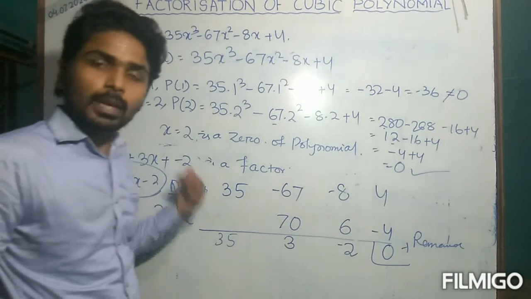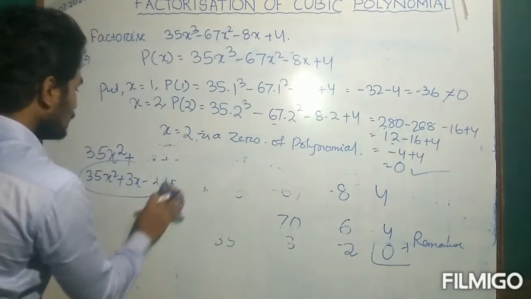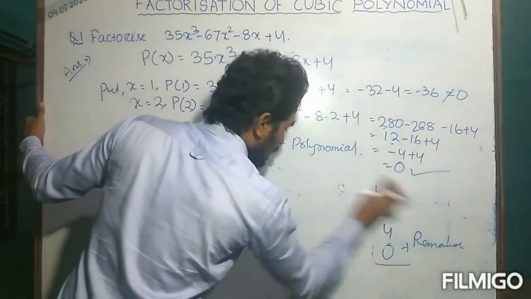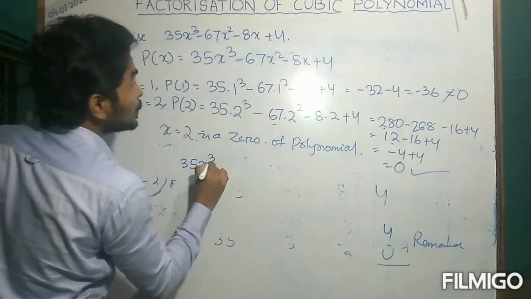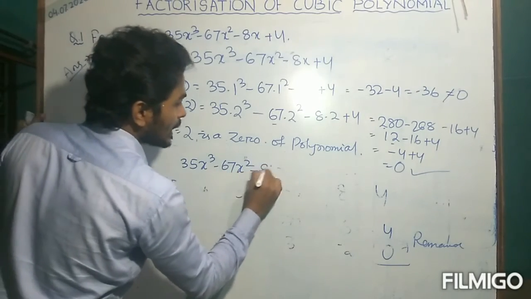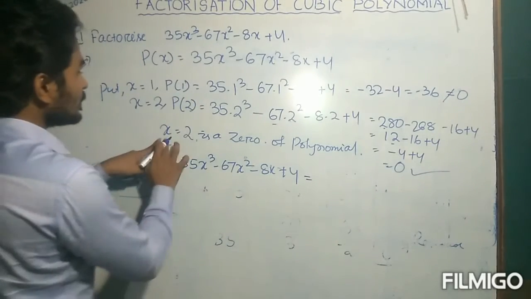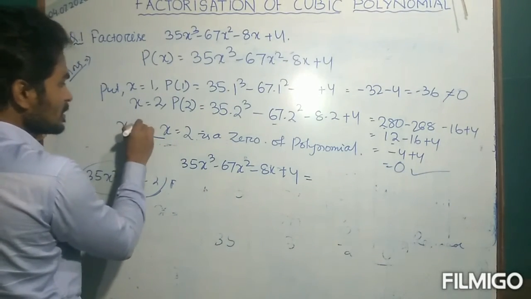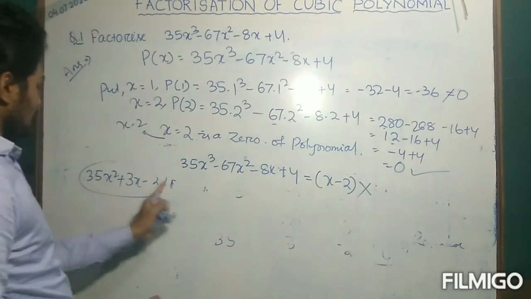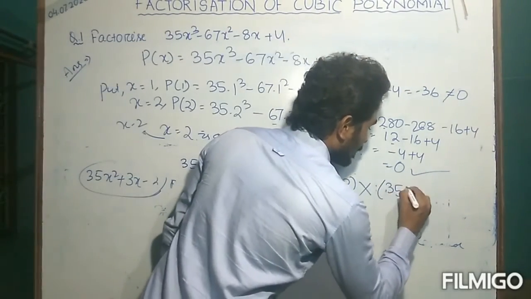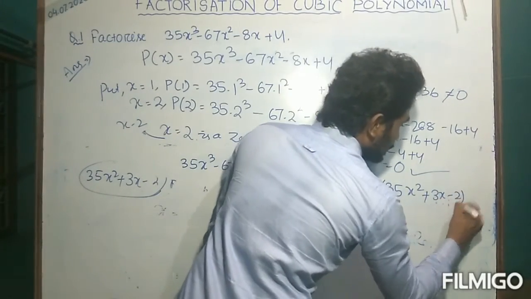So our target is fulfilled now. We needed to find the quotient, and here we get it. So now you can write the cubic polynomial 35x cube minus 67x square minus 8x plus 4 as a product. The remainder 0 means x minus 2 is a factor, so it is written as the product of x minus 2 whole into this quotient, that is 35x square plus 3x minus 2.